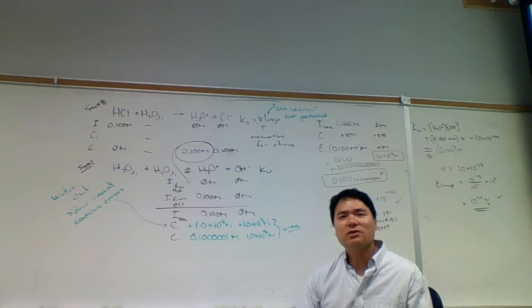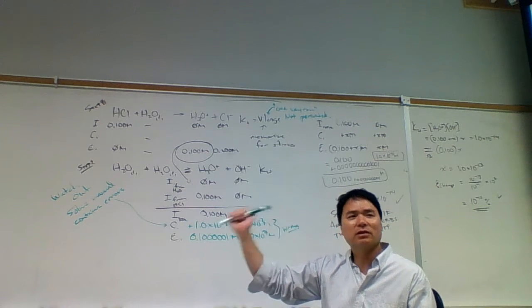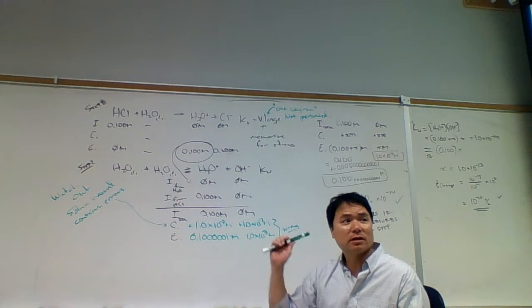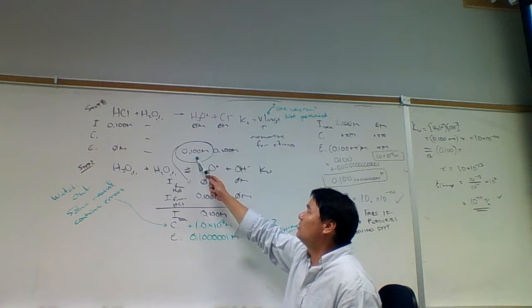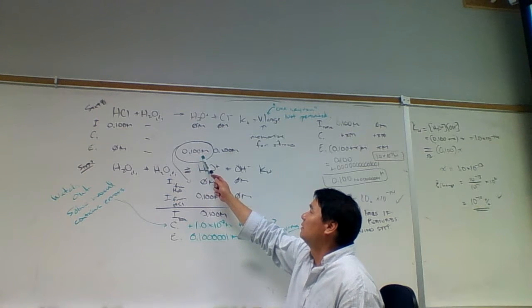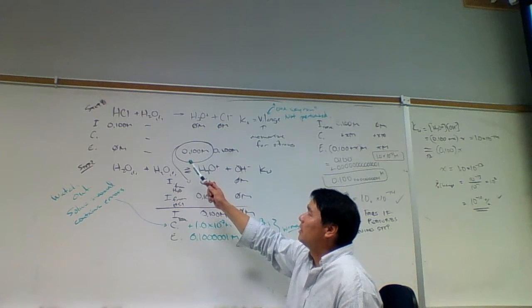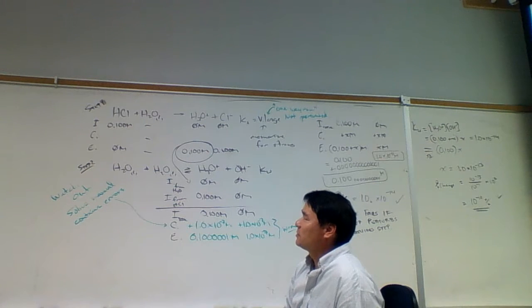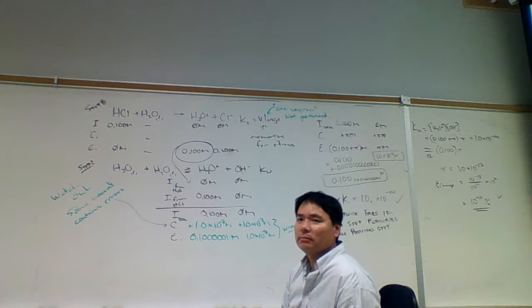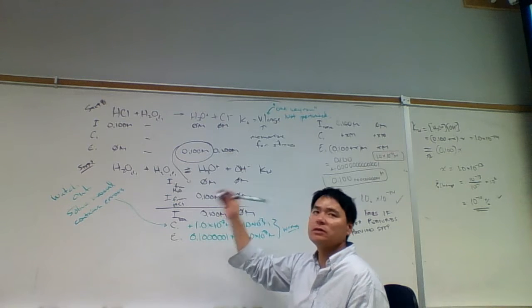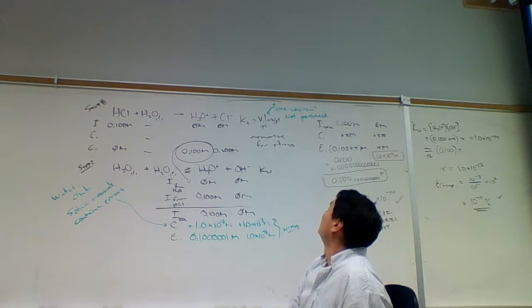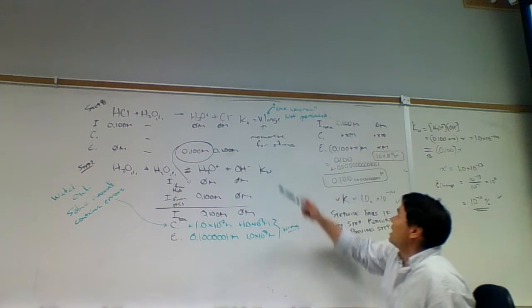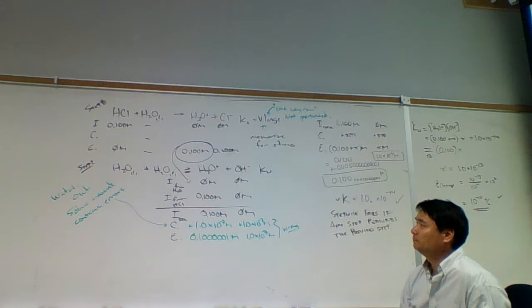Because K is very large, it tells me it's only going to flow to the right. It's not going to flow backwards. And so here, even if I double it and went to 0.200, it doesn't perturb. And so if step 1 consists of strong acid, then I never have to worry about it being perturbed because it's always going to go forward because of the K value. It's very large, and so it's a one-way reaction, not perturbed.